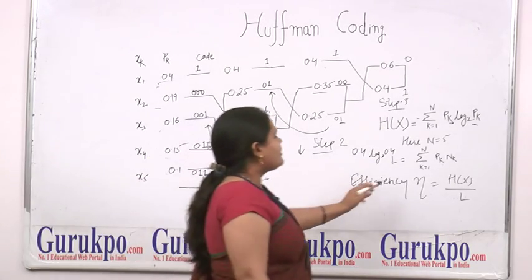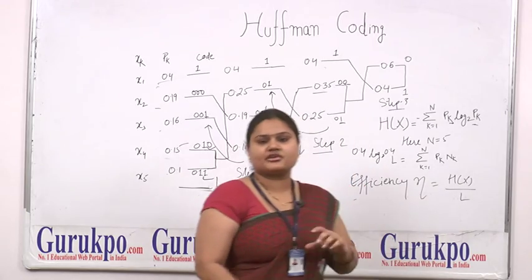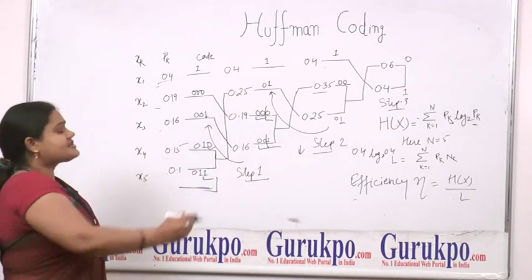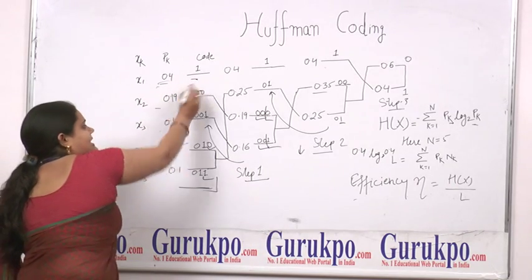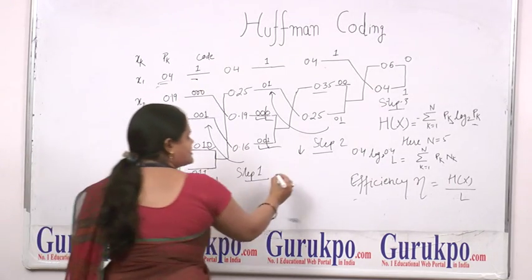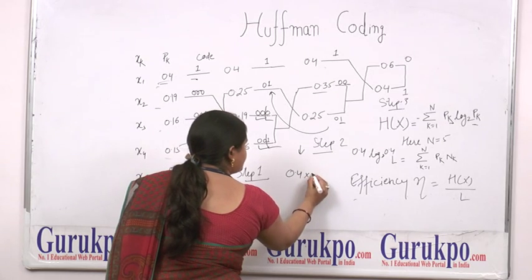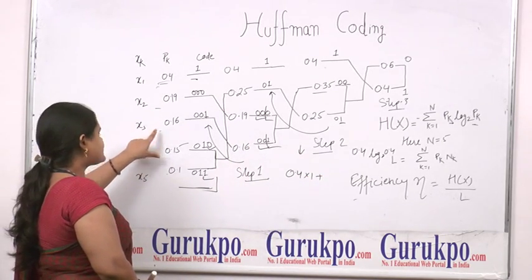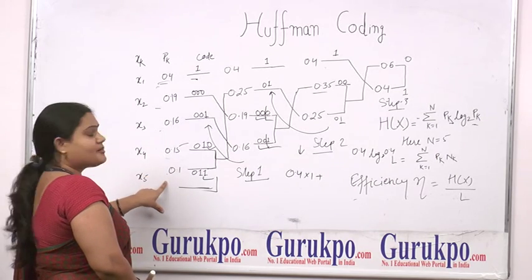We put the values of the probabilities and multiply by the corresponding number of bits n. If 0.1 exists for one message signal, it would be written as 0.1 into its code length. Next values are 0.19, 0.16, 0.15, 0.1.